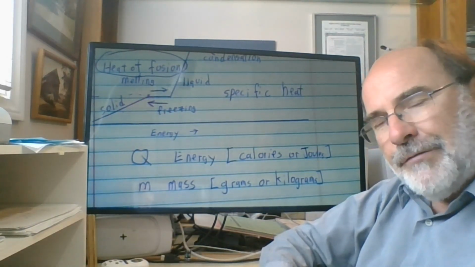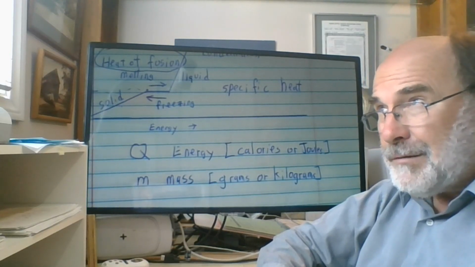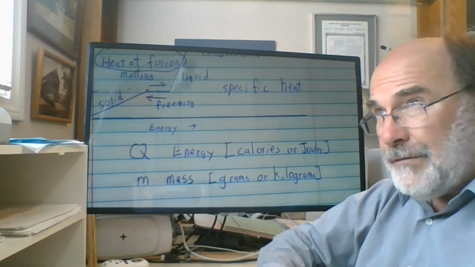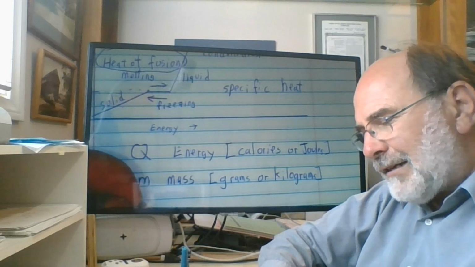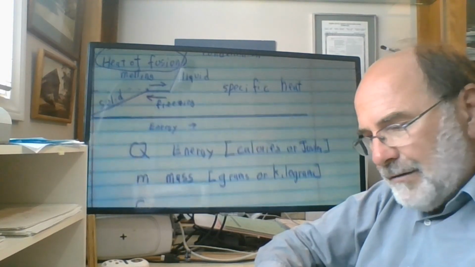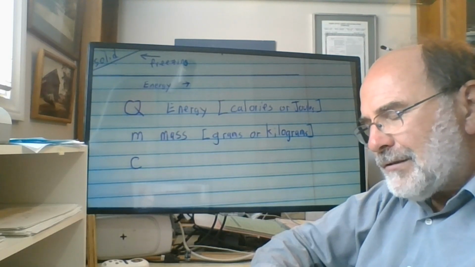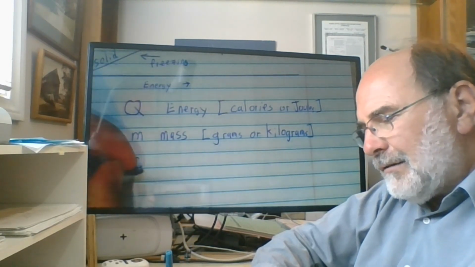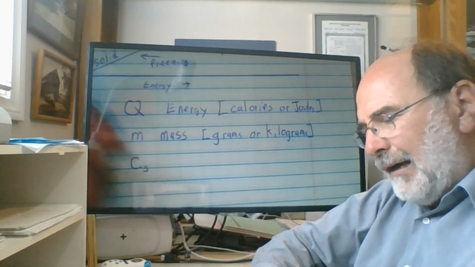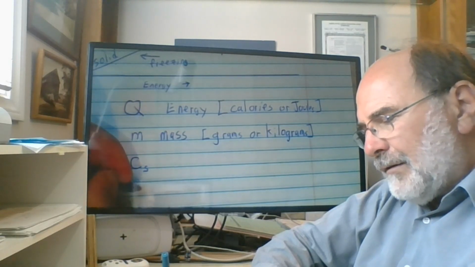And then for specific heat, what symbol should we use for it? Often the symbol that is used is the letter C, and then we would add a little subscript. So if it's solid, then that would be S, right?